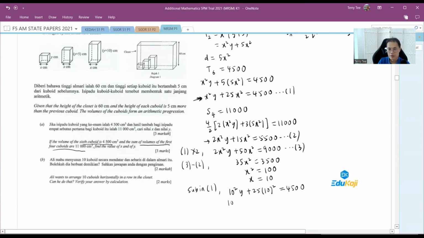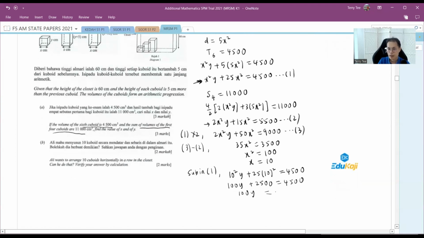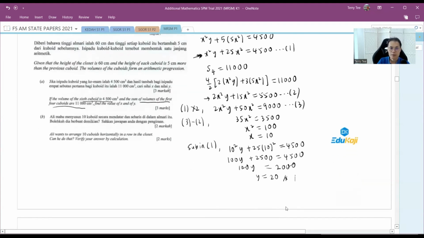So this is 100y plus 2,500. You add 2 zeros at the back. This is 4,500. So 100y is now 4,500 minus 2,500. That is 2,000, right? And I get my y. y is 2,000 divided by 100. Cancel the 2 zeros. My y is just 20. All right. Okay, so that is the first part.